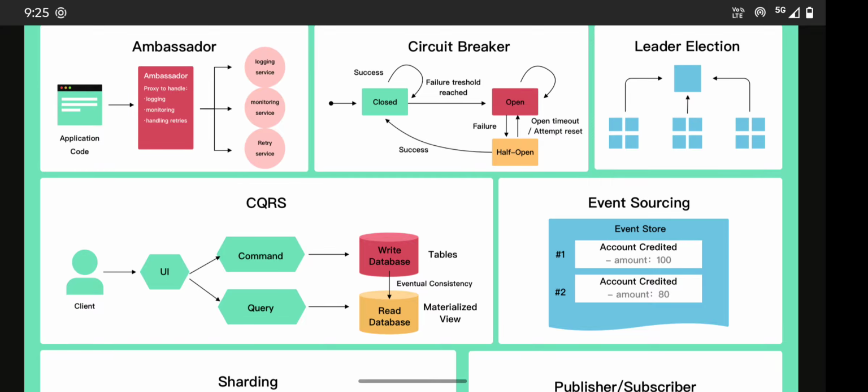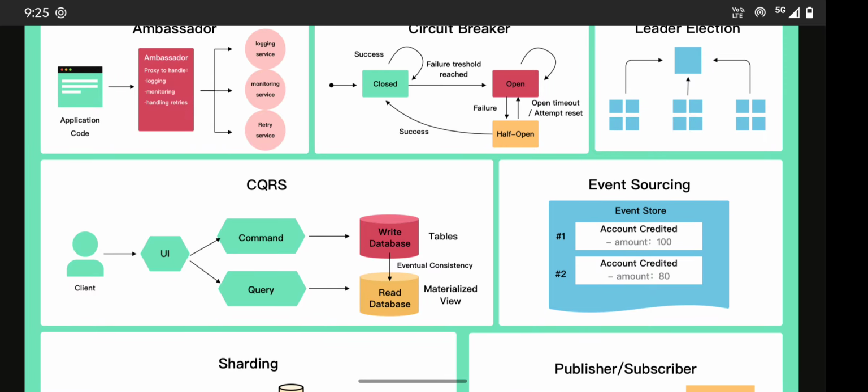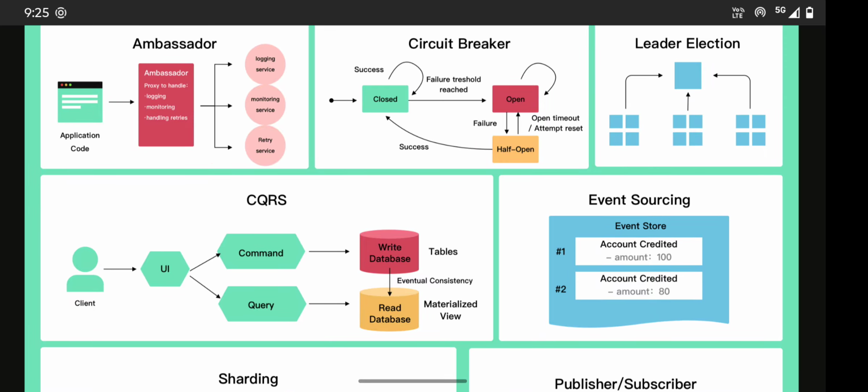There should be a mechanism, which you need to configure internally, so that whenever a certain service has failed, the calling service should wait for some time, and after some time it has to retry and call the service again to get the expected result. You need to automate that and configure it, right? That's why we use a circuit breaker mechanism.